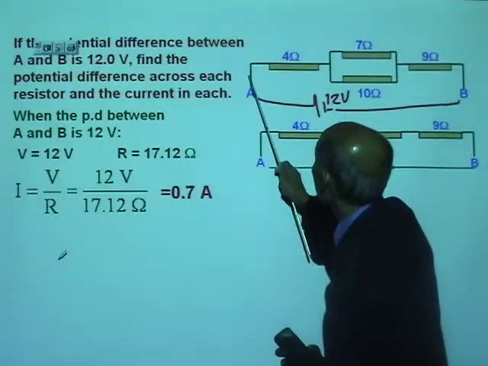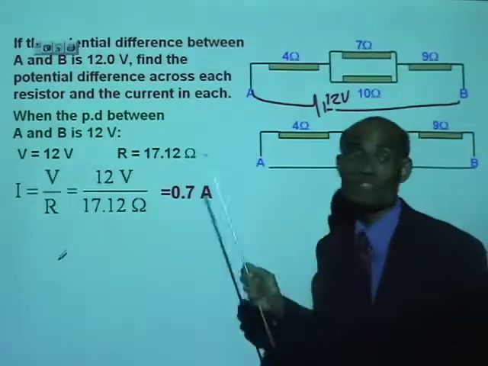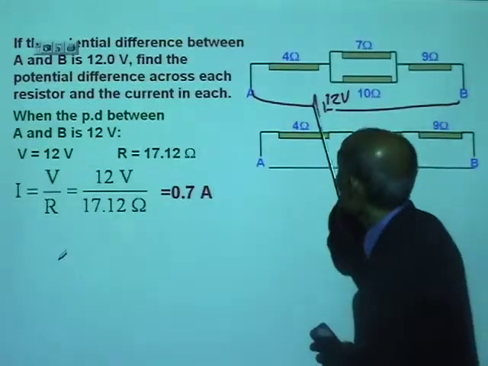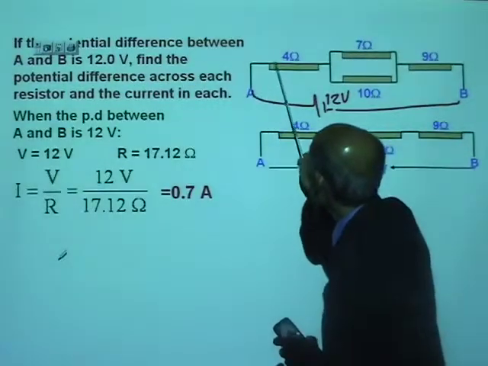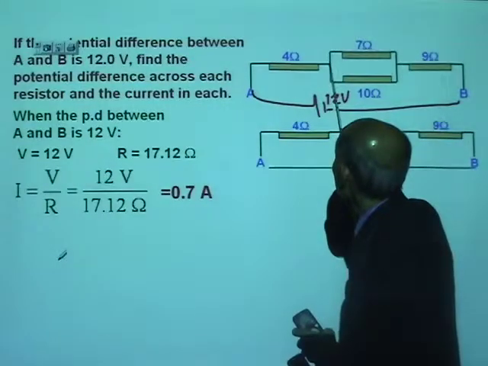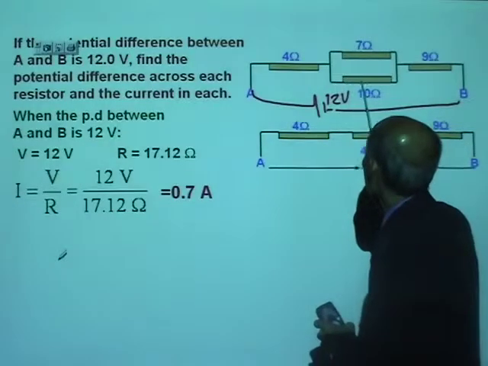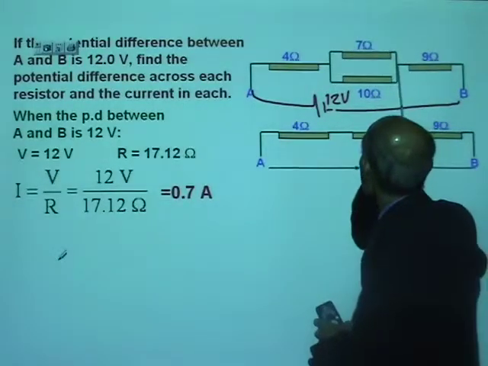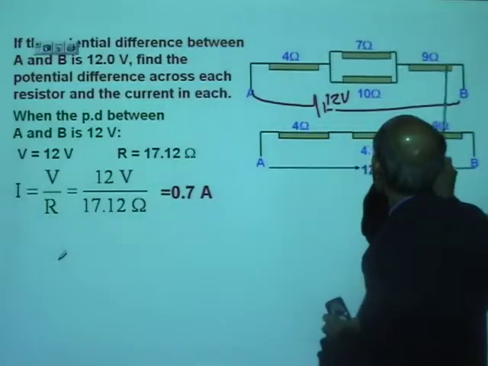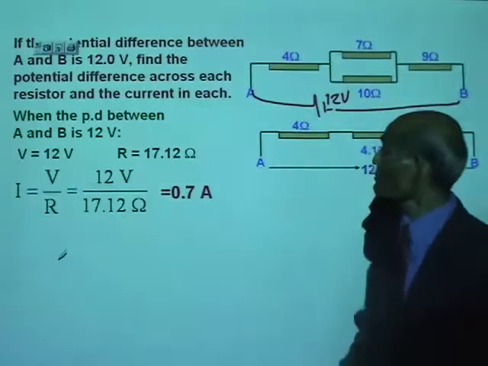When it comes over here, tell me what is the current flowing in the 4 ohm resistor? That 0.7 will flow in the 4 ohm, but when it comes here, part of it will go through the 7 ohm, part will go through the 10 ohm. They will come here, combine to become 0.7 in the 9 ohm. Is that right? Well, I hope you understood that.